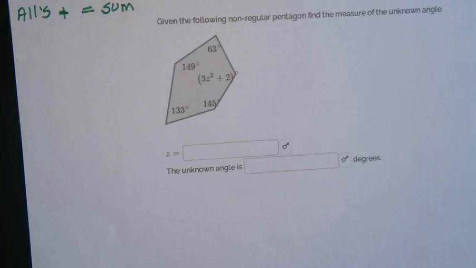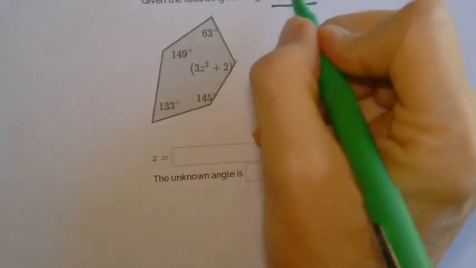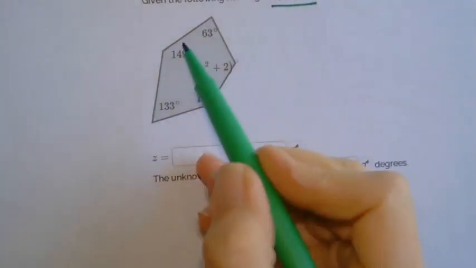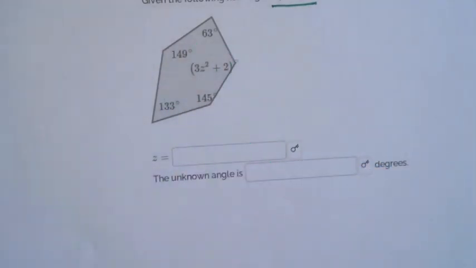Okay, so we have a pentagon. So how many sides does a pentagon have? It has 5 sides. And we can even count them around here too, as we have the picture, right?